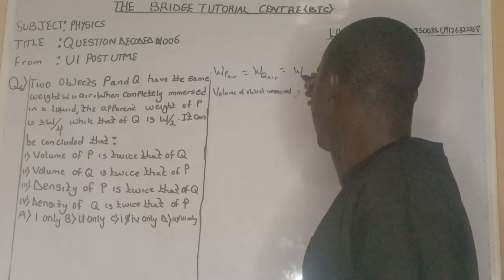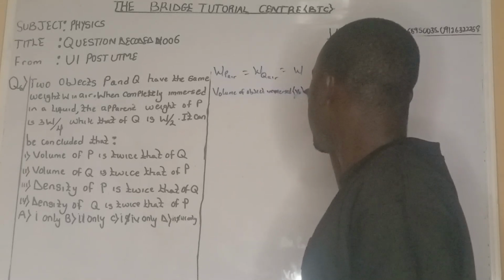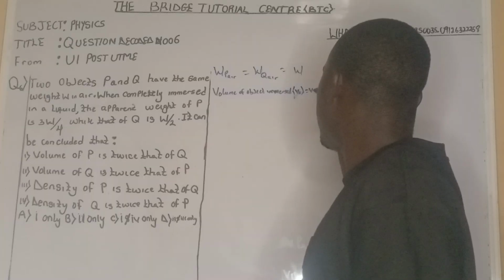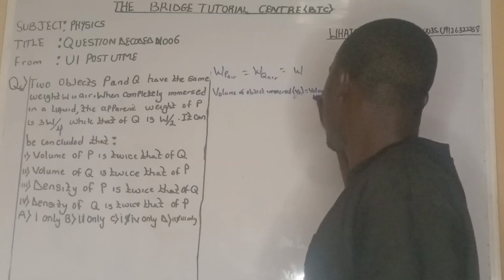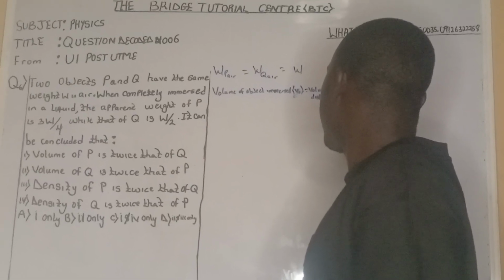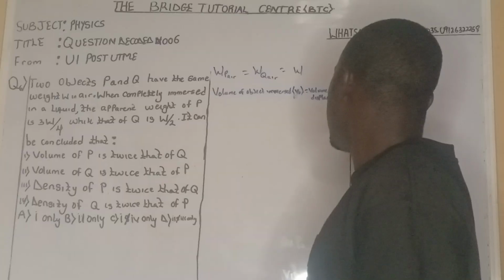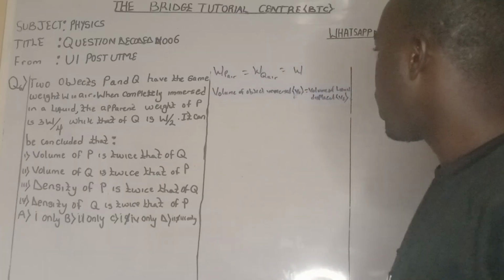Let me call the volume of the object immersed VO, which must equal the volume of liquid displaced, the water displaced. Let me call it VD, like this.